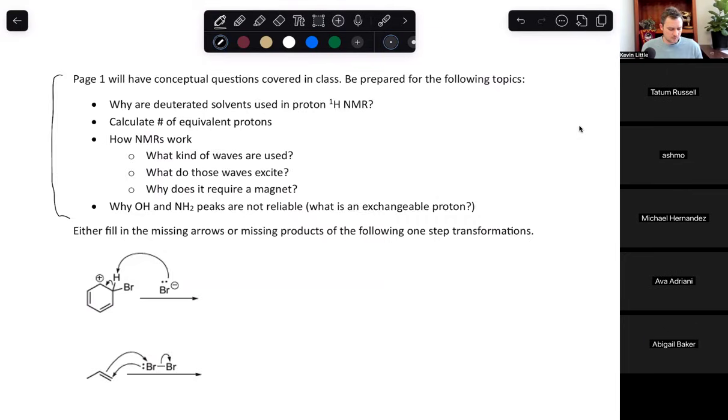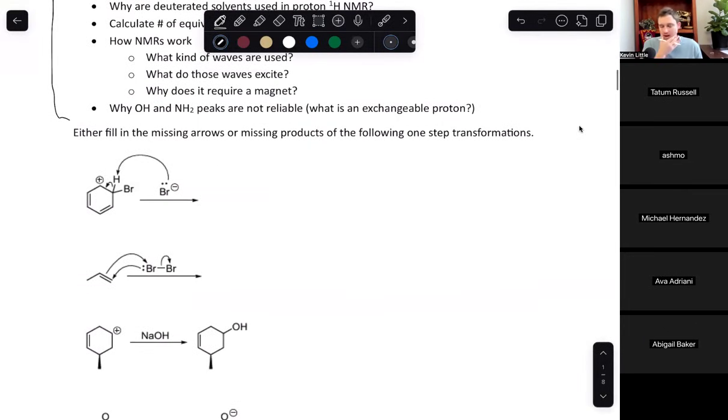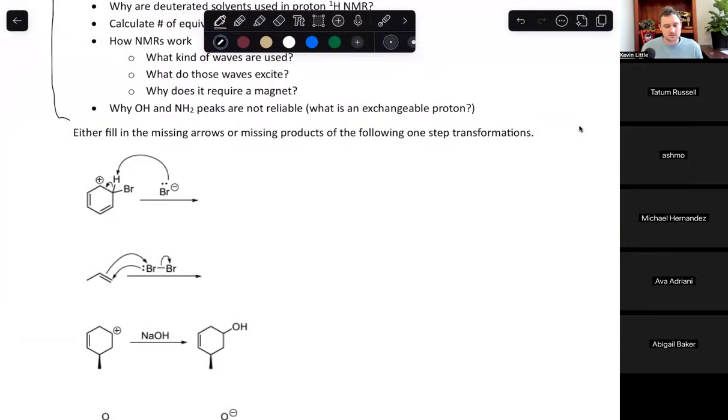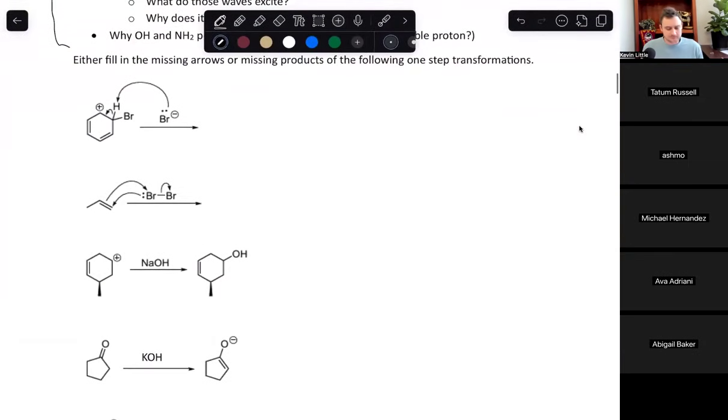Not as much so far, because we've only had two recitations like that. But that's where I would look, or at any problems we've done in class that we haven't done a ton of practice on.